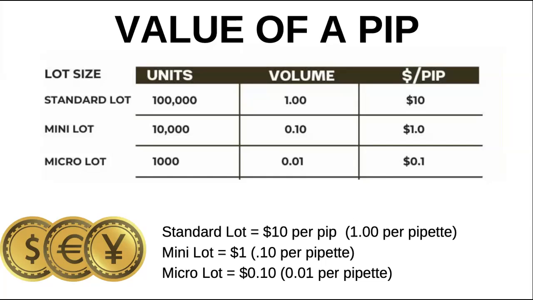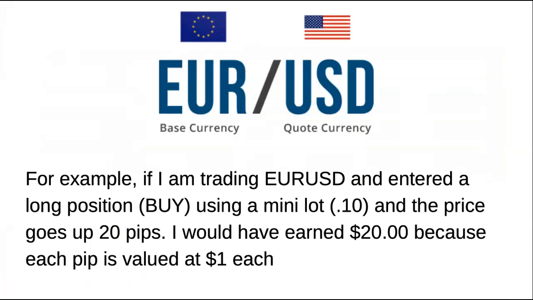And the way to do that is by using the correct lot size. So remember, for the most part, you're going to be using a micro lot, a 0.01, or a mini lot, which is a 0.10.